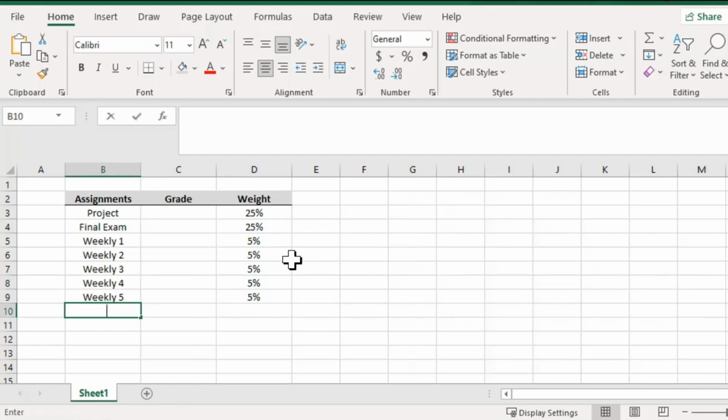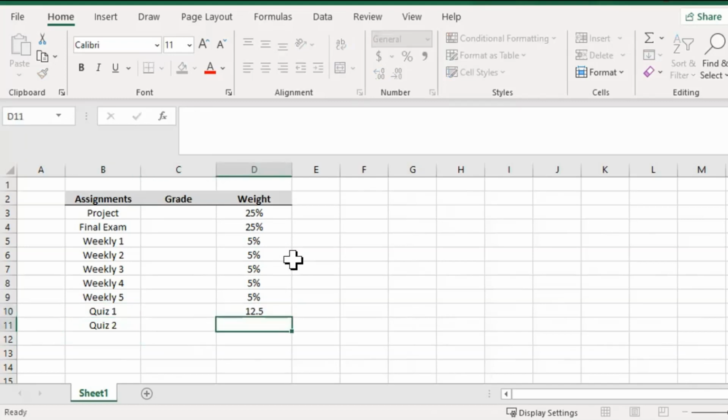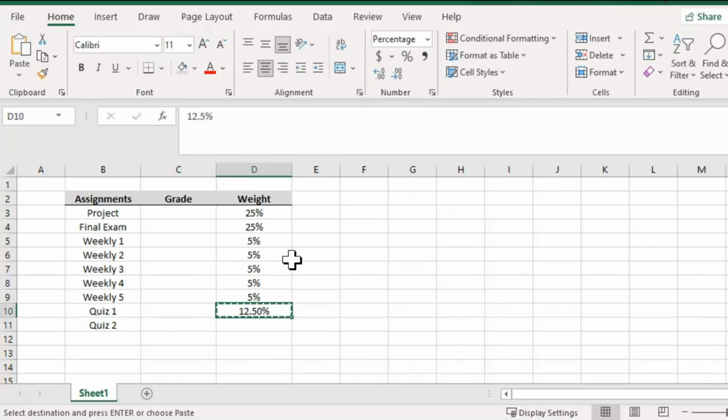Let's say we have a couple of quizzes. We have quiz 1, we have quiz 2, and each of these quizzes, let's say, is worth 12.5% of our final grade. So I'll say 12.5%, and we'll copy that down.